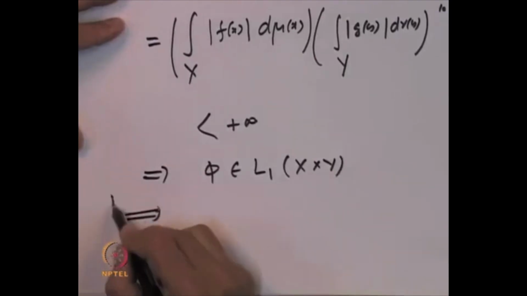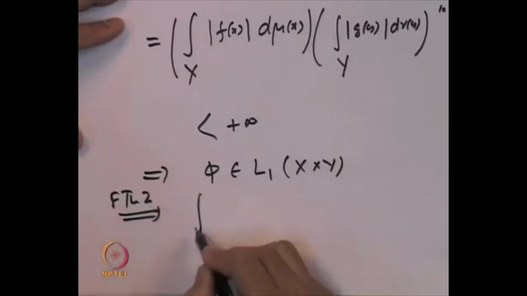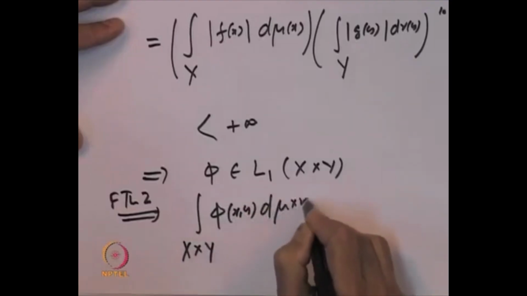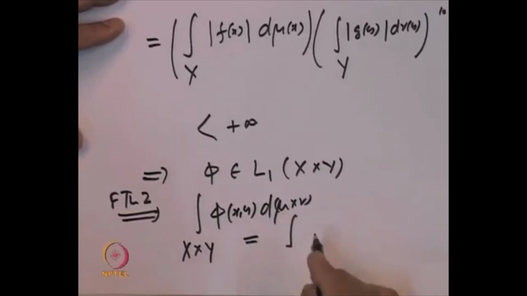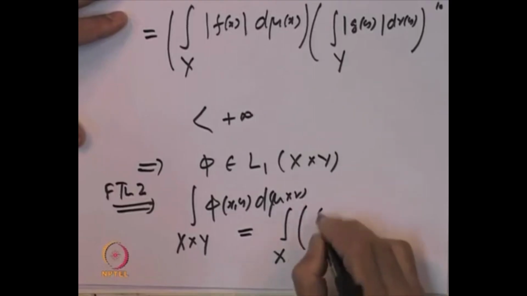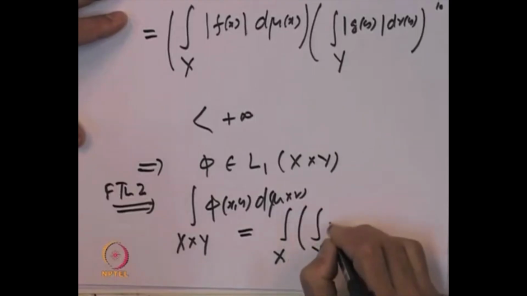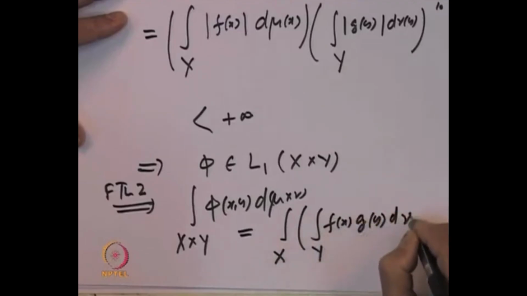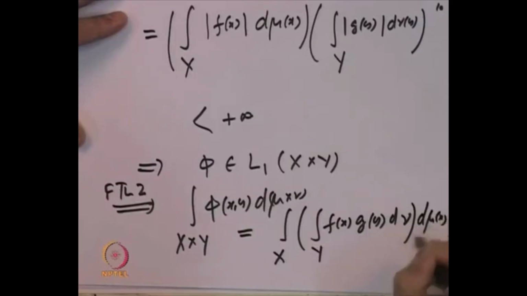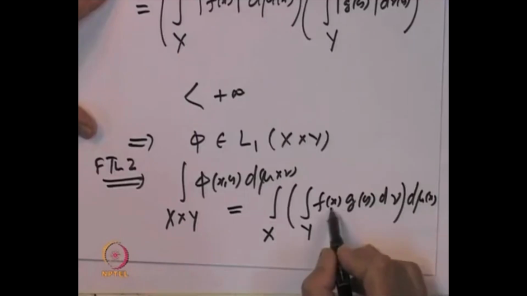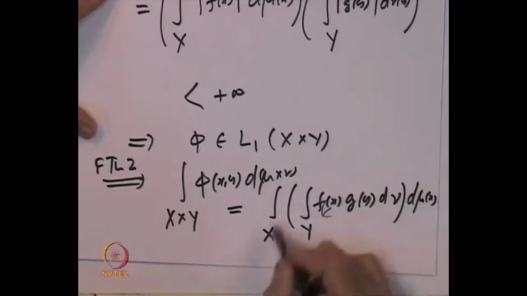So, by Fubini's theorem 2, the integral over x cross y of phi x y d mu cross nu is equal to the iterated integral, either one we can write. So, let us write it as the integral over x, integral over y of phi x y, that is f x g y d nu y, and d mu x. And as we have just observed, f x is independent of y, so you can take it out.